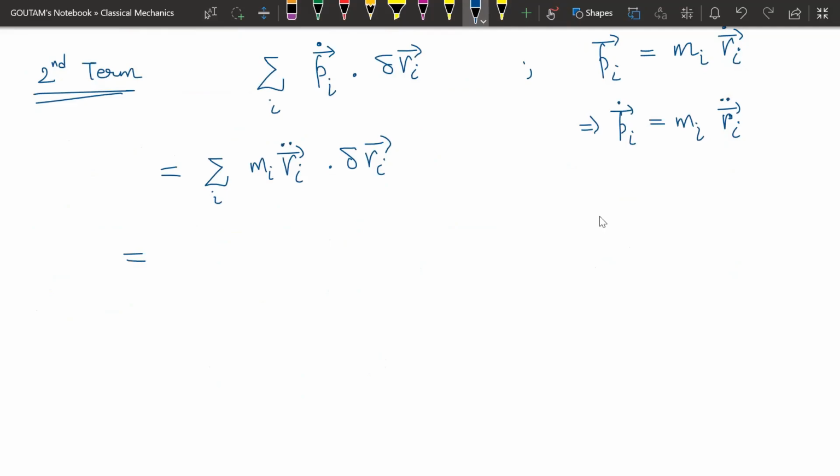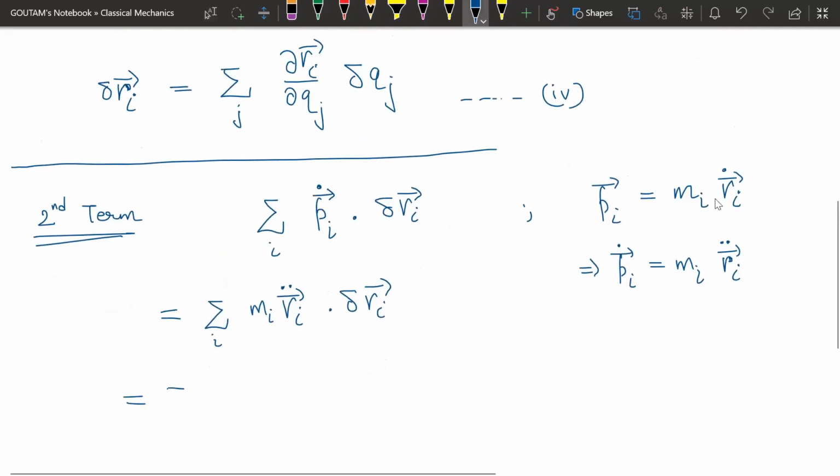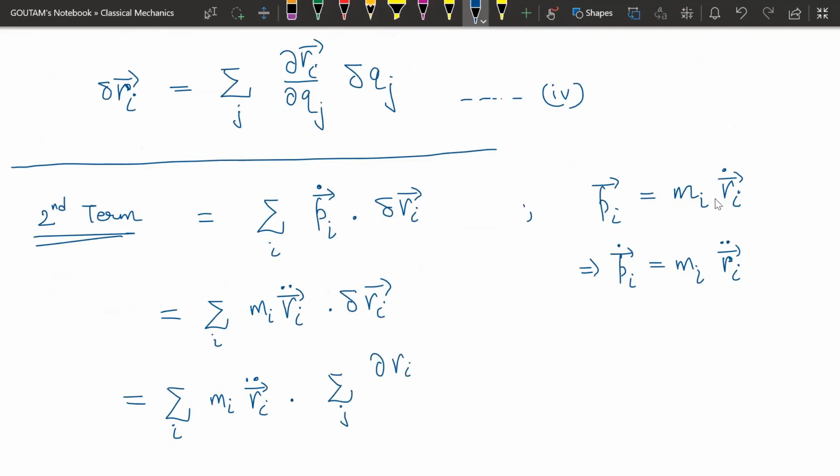So the term is the sum over i of mi Ri double dot dot sum over j of del Ri del qj times delta qj.